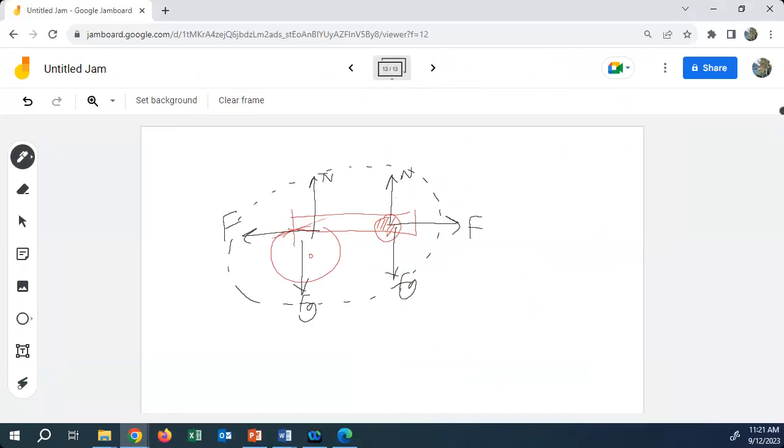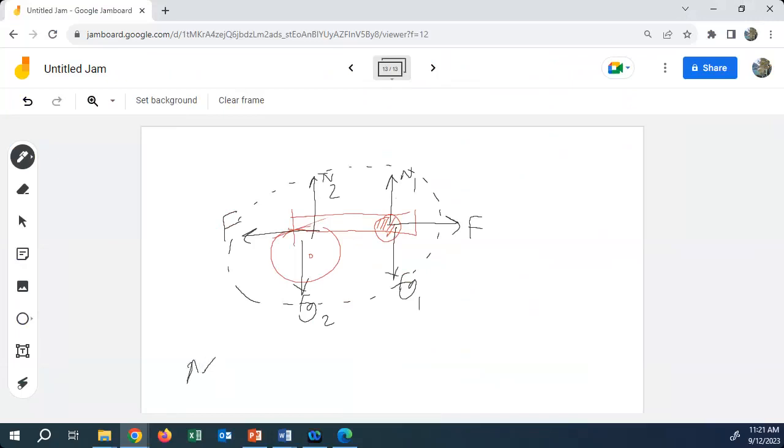We just analyze all forces in one system. When we add forces together, in this system, let's say these are FG1, FG2, N1, N2. One system. How many upward forces do we have?